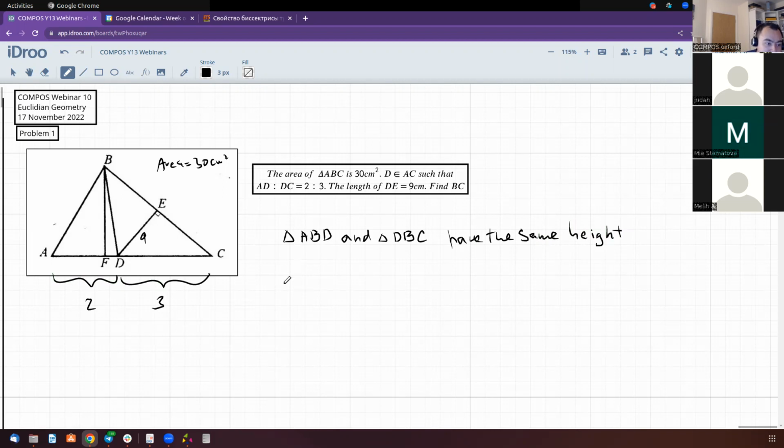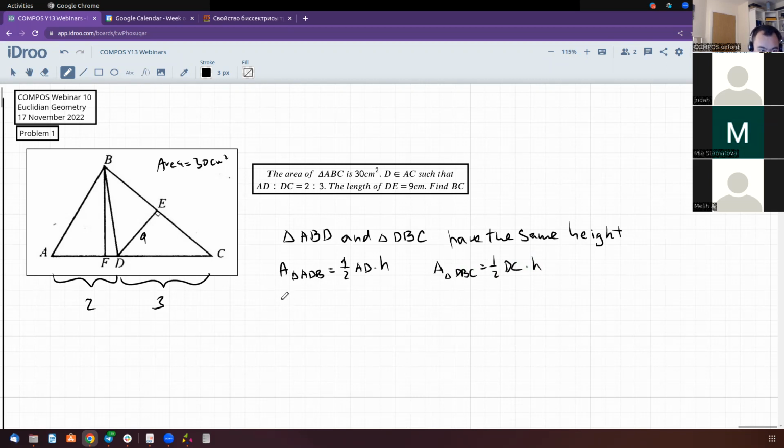Therefore, the area of triangle ADB is equal to 1/2 AD multiplied by the height of this triangle, which we don't know, and the area of triangle DBC is equal to 1/2 DC multiplied by H.